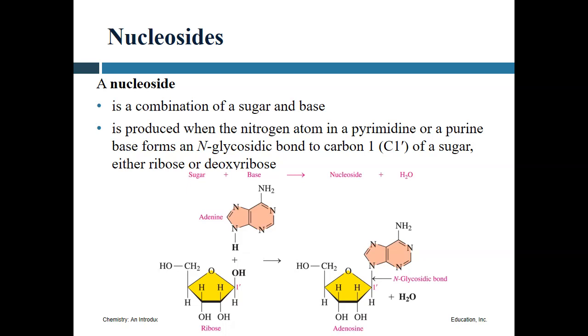And the leftover bond is going to form between this first carbon here and the nitrogen in the base. And so this is adenosine. This would be the adenosine that you would find in RNA, because again, we've got a full-on ribose here as opposed to deoxyribose.